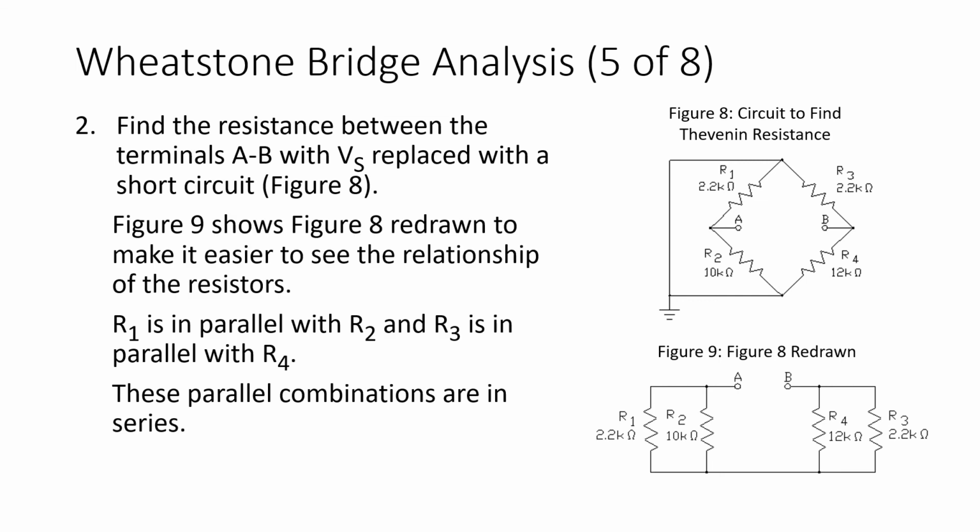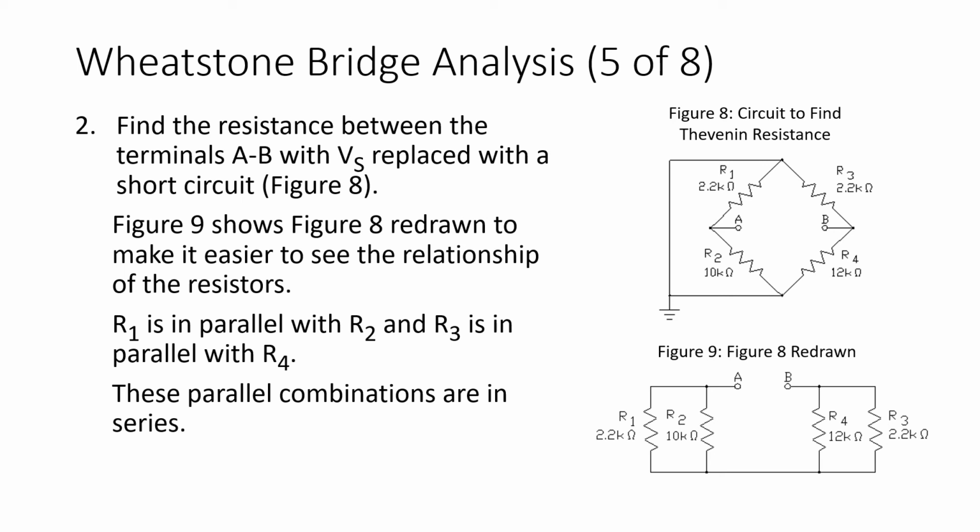Figure 9 shows us that from A to B, we see resistors R1 and R2 in parallel, and resistors R3 and R4 in parallel. And these parallel groups are in series.